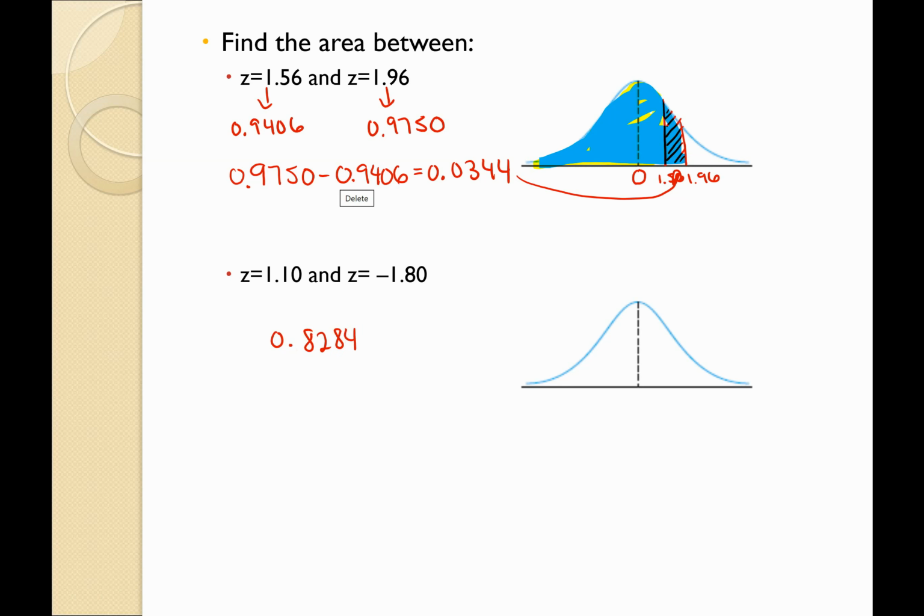If you weren't able to get that, please raise your hand and have me help you with that. So we have looked at finding the area to the left of a z-value, finding the area to the right of a z-value, and finding the area between two z-values. If they're on the same side of the mean, or if they're on opposite sides of the mean, our process still remains the same.